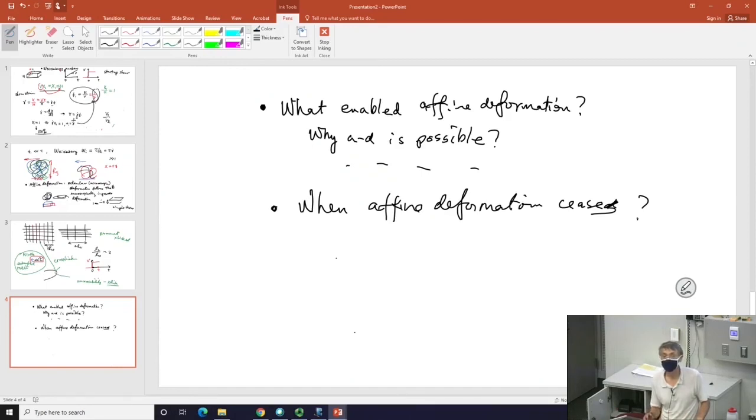If we have a proper understanding of why, you see, the problem is if you don't start to describe what makes affine deformation possible, there's no way to answer when it stops. So, okay, I can be explicit about it.